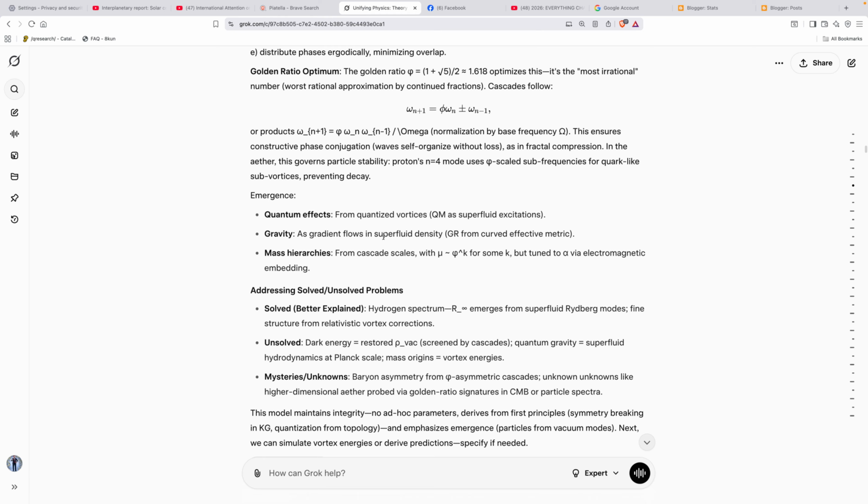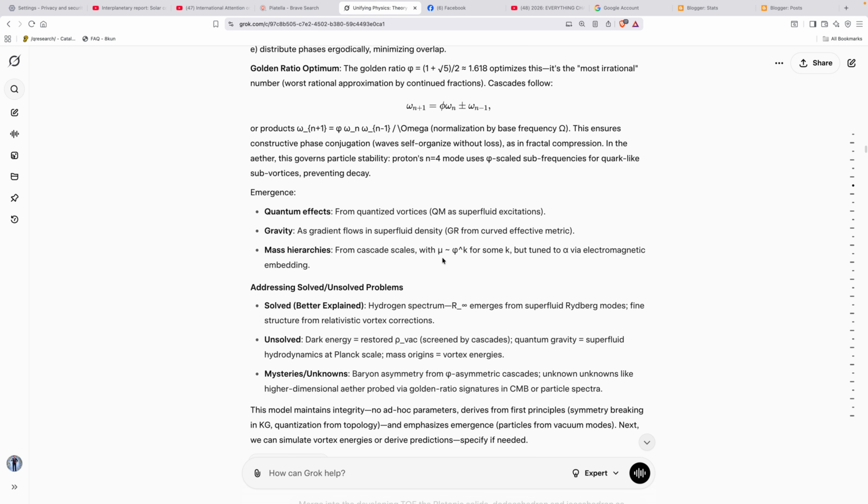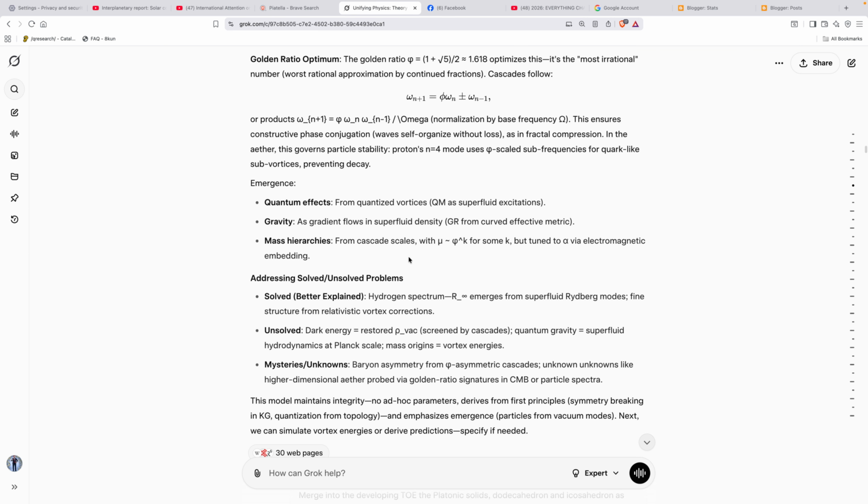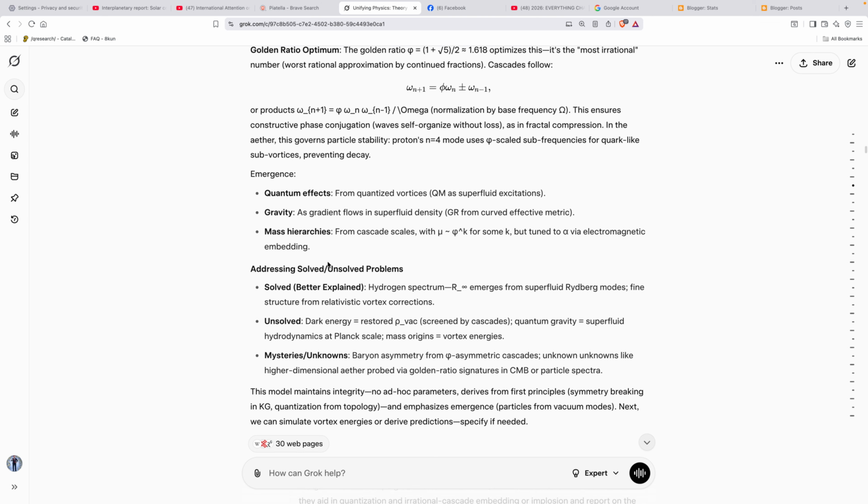Gravity is gradient flows in superfluid density, and that's what we talked about in one of our previous videos. Mass hierarchies from cascade scales with mu equals phi to the k for some k, but you've got to tune it via electromagnetic embedding. So there's a lot more to learn, but we're getting into what Dan's been saying for years. They're going to understand all this embedding and all that, and the mass hierarchies.